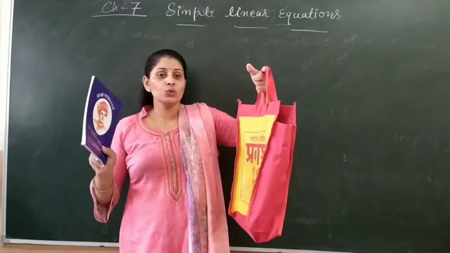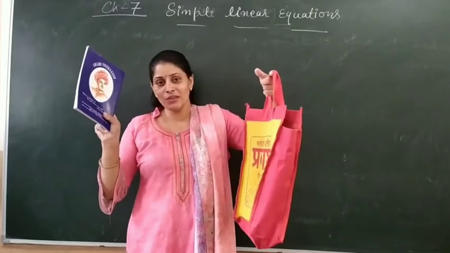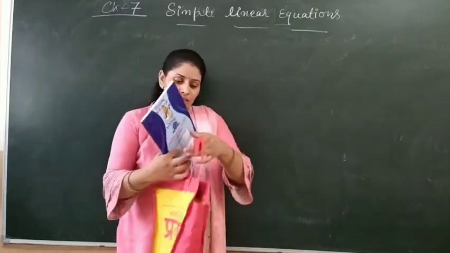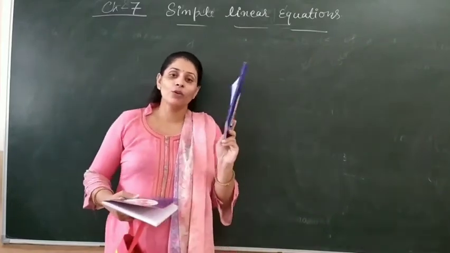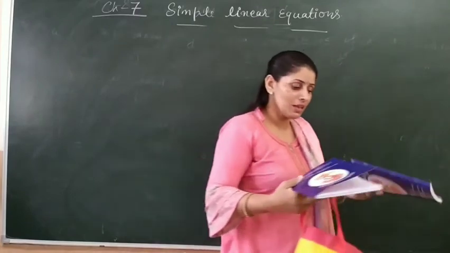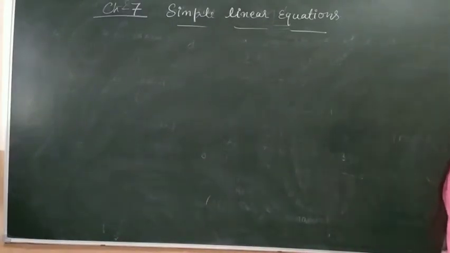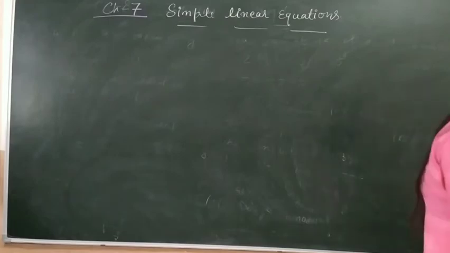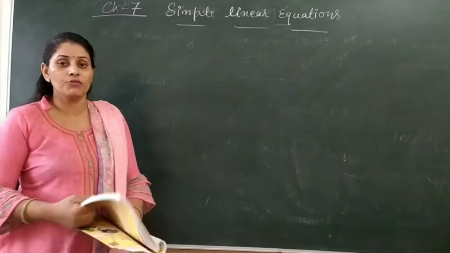So how many notebooks are there in this carry bag? Only one. Yes, I have one and only one notebook in my carry bag. In this way we can compare or balance the left hand side and the right hand side.